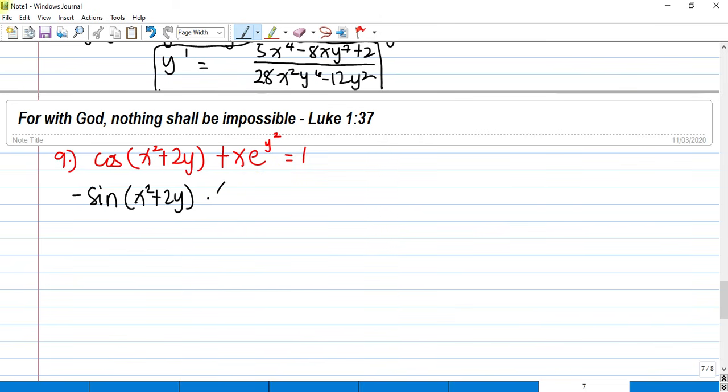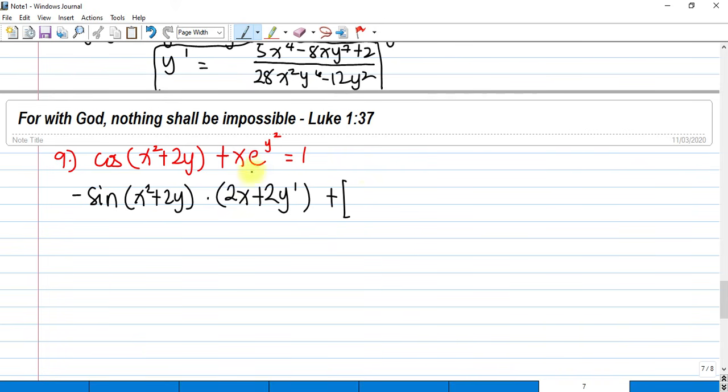And that is multiplied by the derivative of the inside function, that is 2x plus, the derivative of y is 1, so we have 2 times 1, which is 2, but we are differentiating with respect to y, so we have y prime here. And then plus, this is the product rule, x and an exponential.